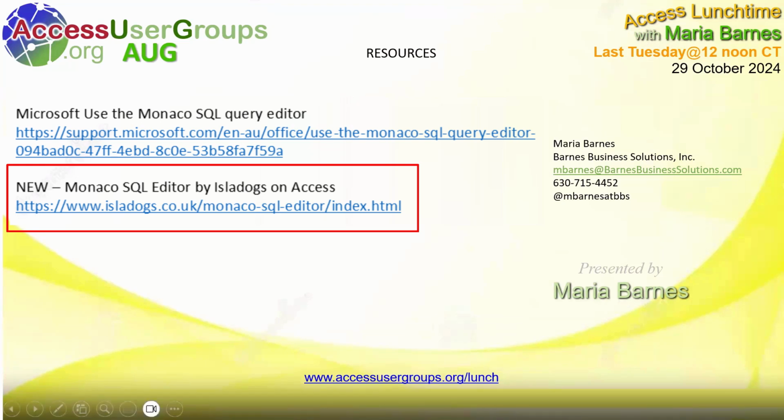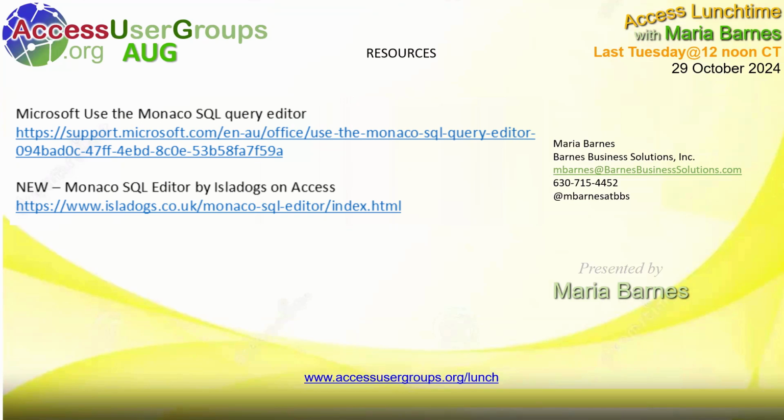And then I will give you this link in the chat, which is an excellent article that Colin Riddington wrote that has all of these things and more, and some more examples. So take a look at that for added information. So that's all I have.